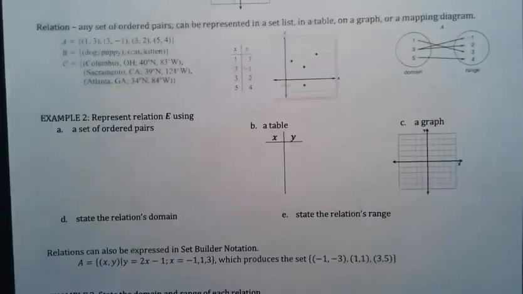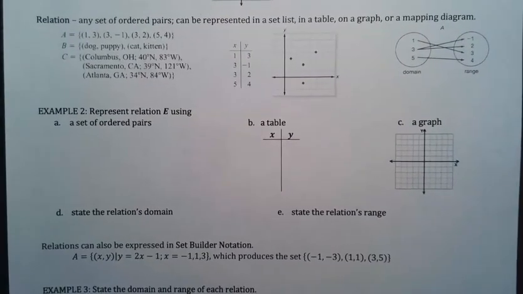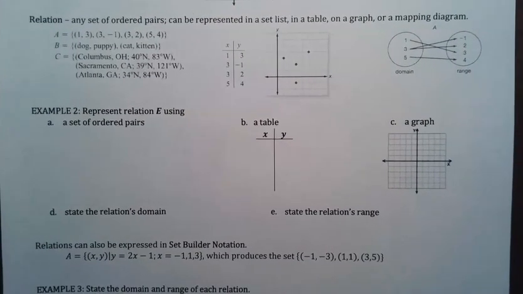Okay, so now let's get into another definition. A relation is any set of ordered pairs that can be represented in a set list, in a table, on a graph, or a mapping diagram. So that's what each of these is. This first one here, this is your set list. It's saying set A is equal to (1, 3), (3, -1), (3, 2), and (3, 4), those coordinates.